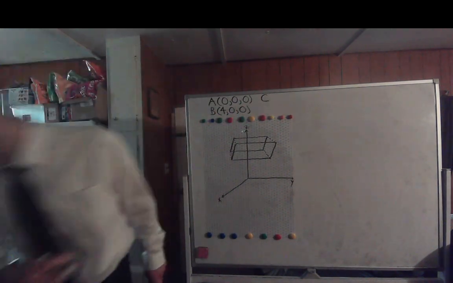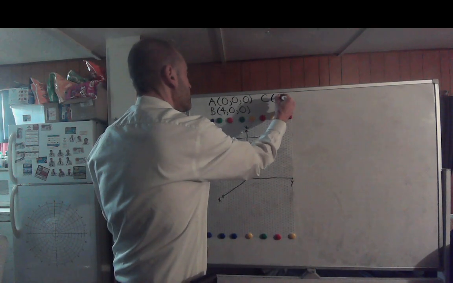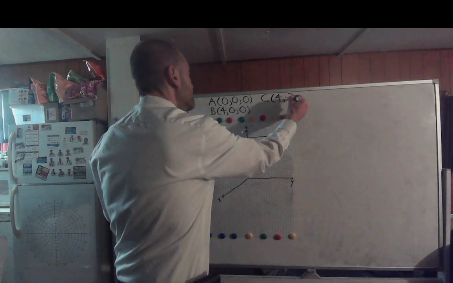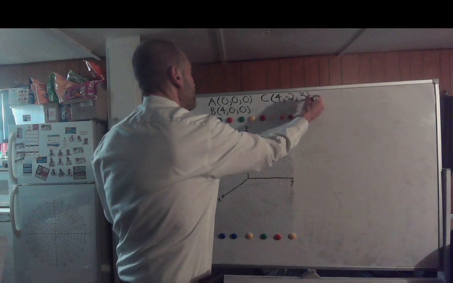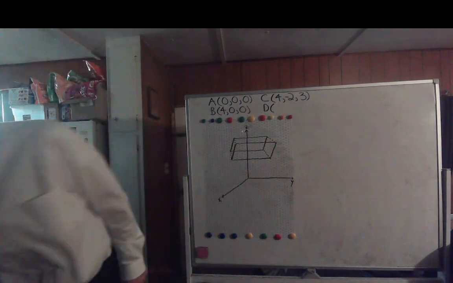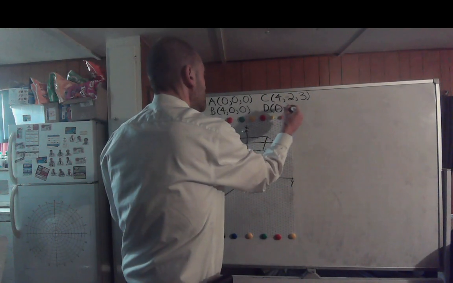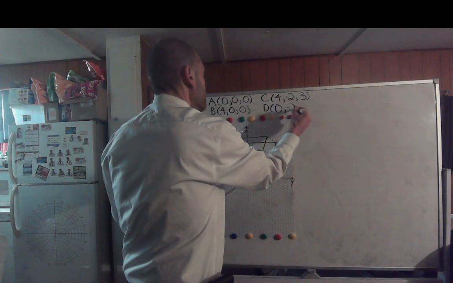Vertex C will be at 4, -2, 3. Vertex D will be at 0, -2, 3.